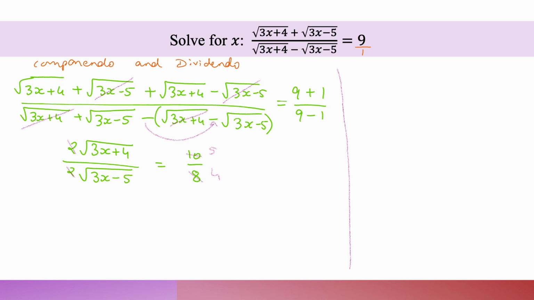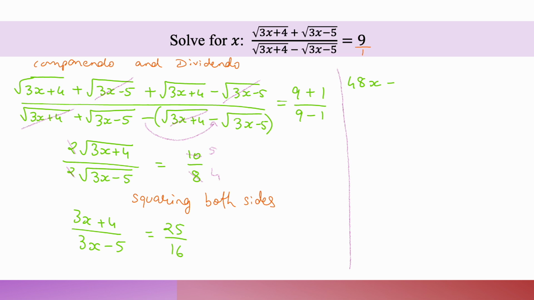Now squaring both the sides, we get (3x plus 4) upon (3x minus 5) is equal to 25 upon 16.